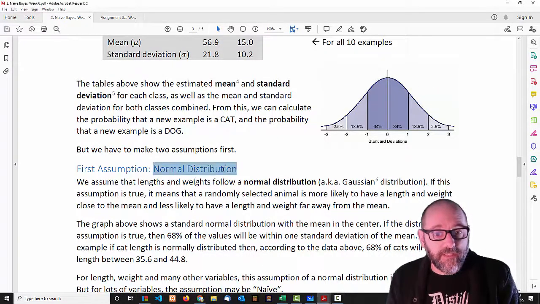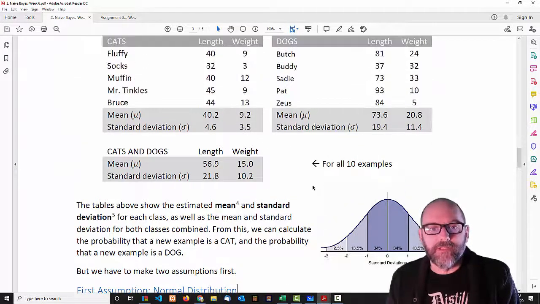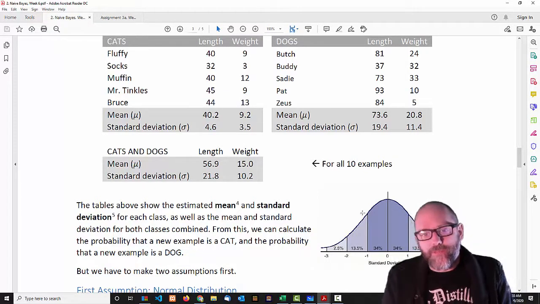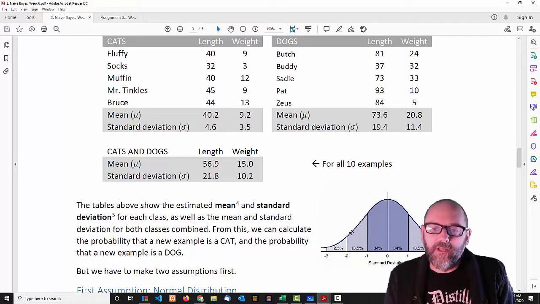The first is that the data is going to be normally distributed. That means, for example, that if you measured the lengths of all of the cats in the world, they would cluster around a mean value in this way. You would get this kind of bell curve, this normal curve. I think you might have seen this before maybe in your probability classes, but I'm not sure.